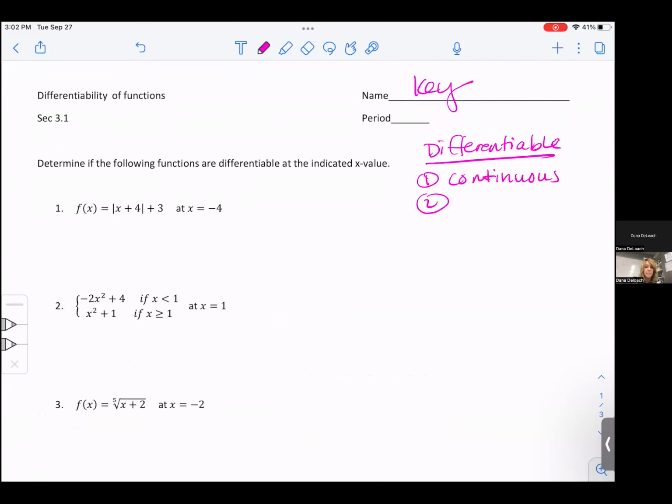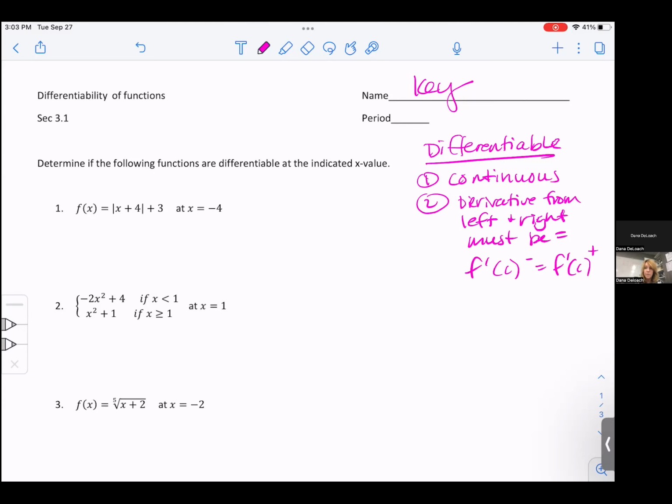And the derivative from the left and the right have to be equal. So f prime of c from the left has to equal f prime of c from the right.